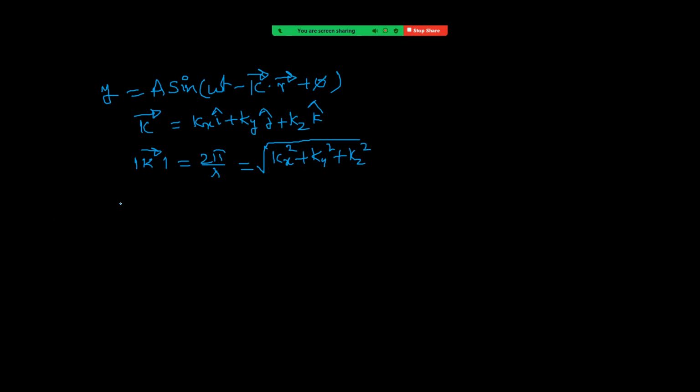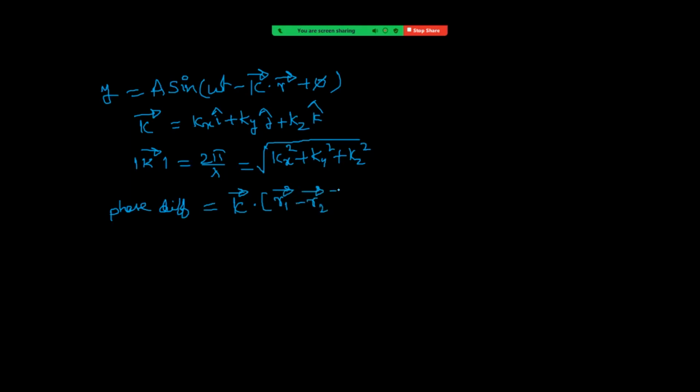Therefore, let us take the phase difference as, write down here, phase difference is equal to k bar dot, it is r1 bar minus r2 bar.